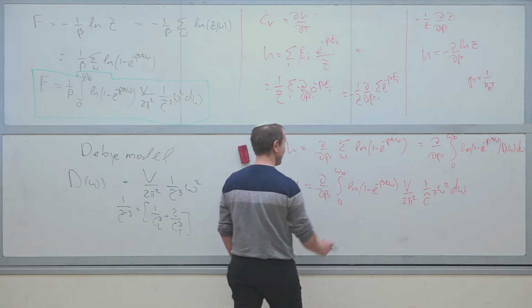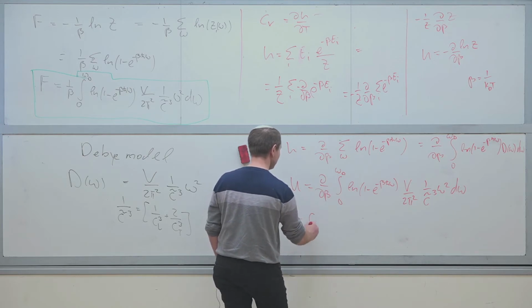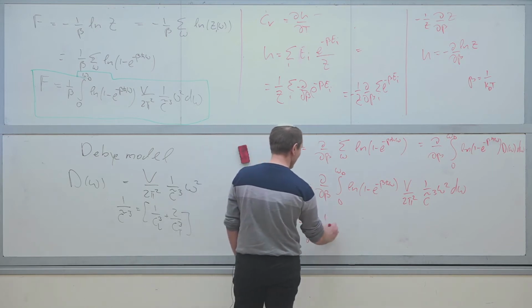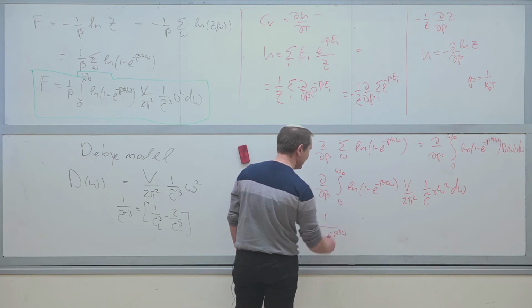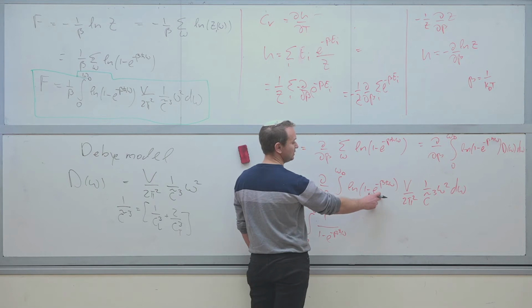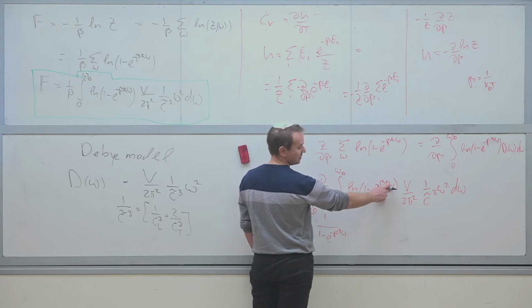The only thing that matters is this part over here. So U equals an integral from 0 till omega Debye of 1 over 1 minus e to the power minus beta h bar omega. The internal derivative is e to the power minus beta h bar omega multiplied by minus h bar omega.